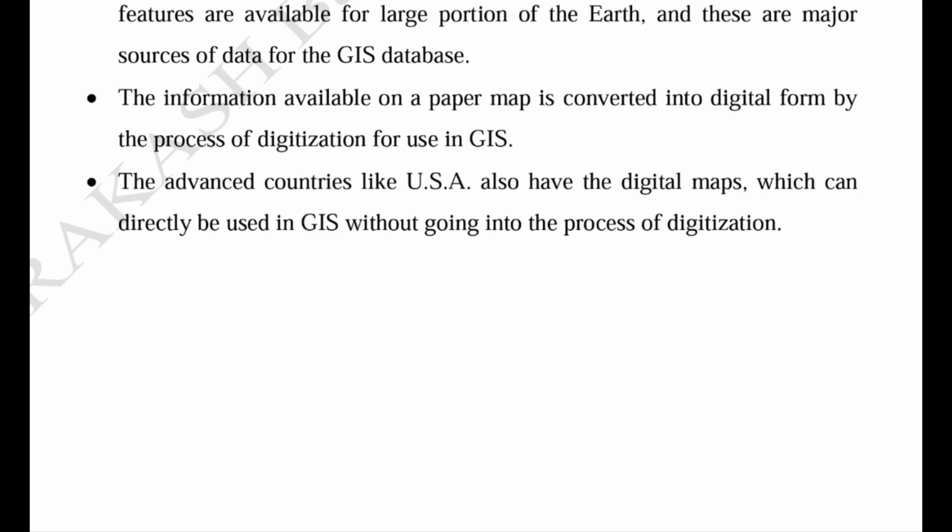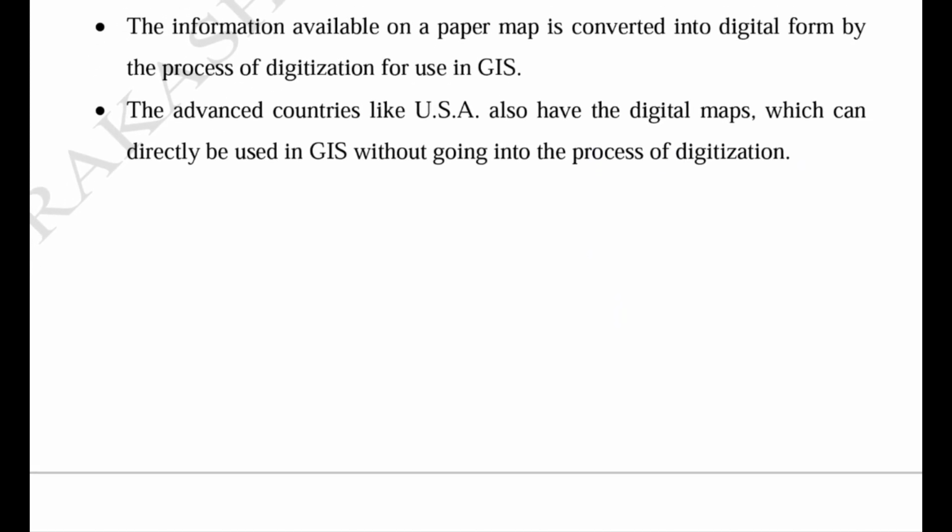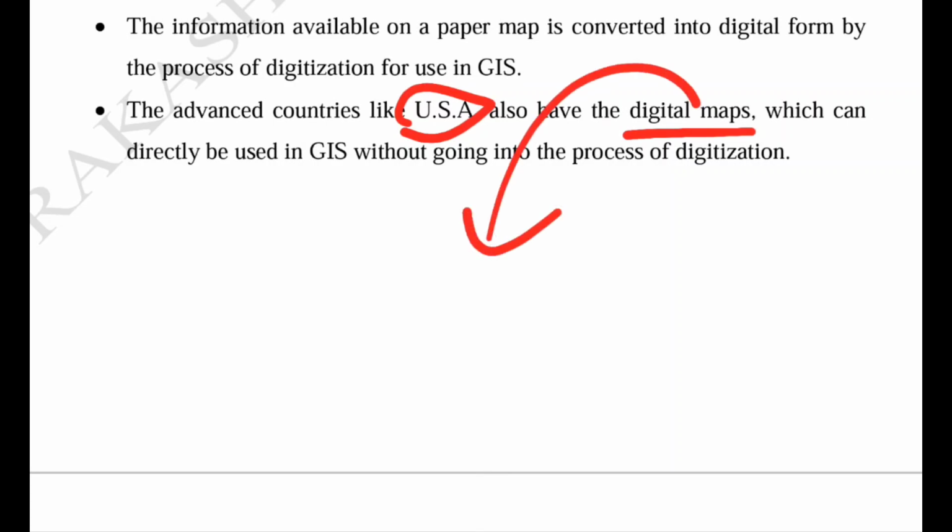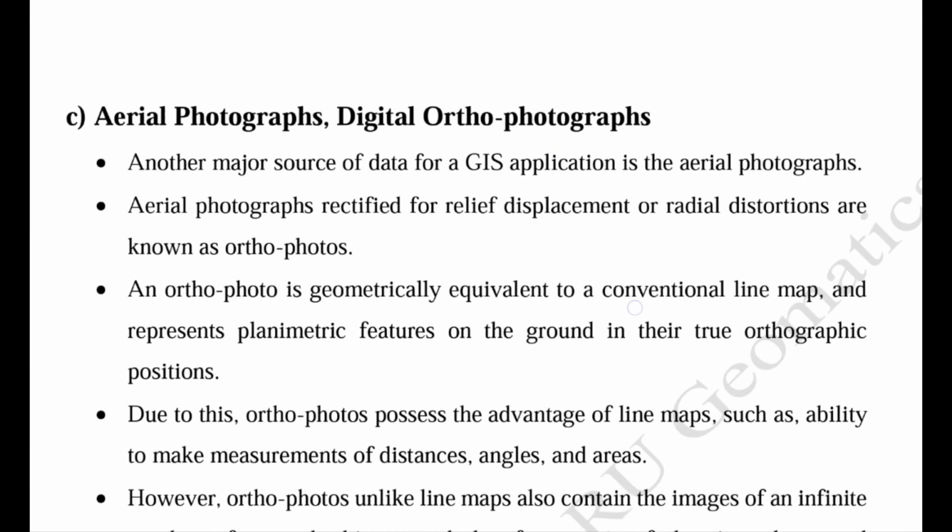The advanced countries like USA also have the digital maps which can directly be used in GIS without going into the process of digitization. Means USA, America has already converted the maps in digital format, or they have already digital maps, so that can be directly entered into the GIS software.